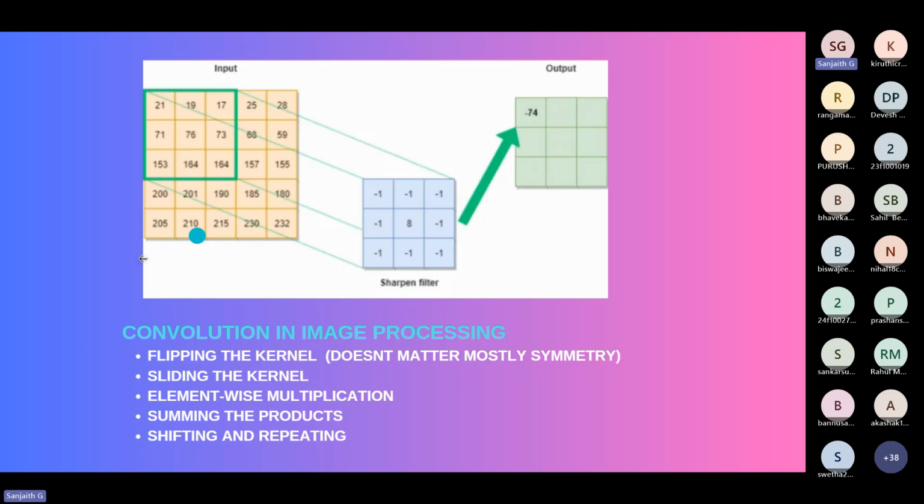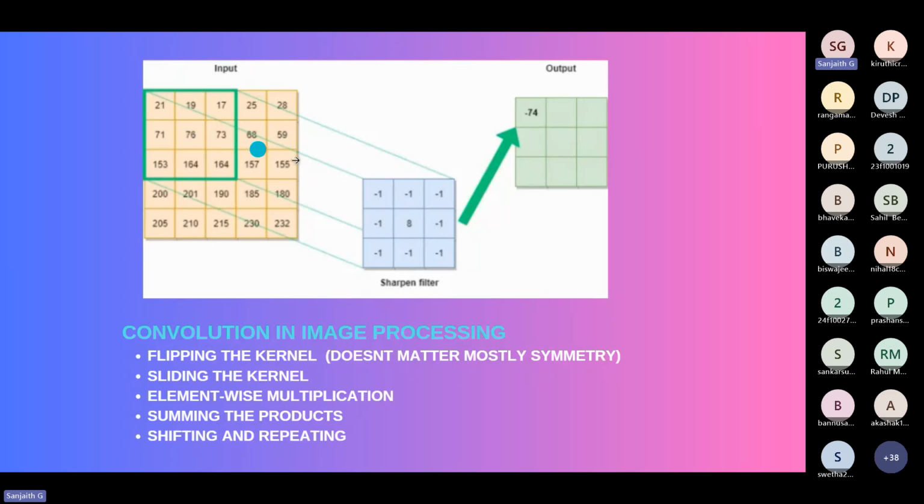So what happens is I have an image here. Let this be a 5 into 5 image. The first step is I have the kernel, and you can flip it. This is how the minus 74 comes: you multiply this 21 by minus 1, so you get minus 21, and you multiply 19 by minus 1.